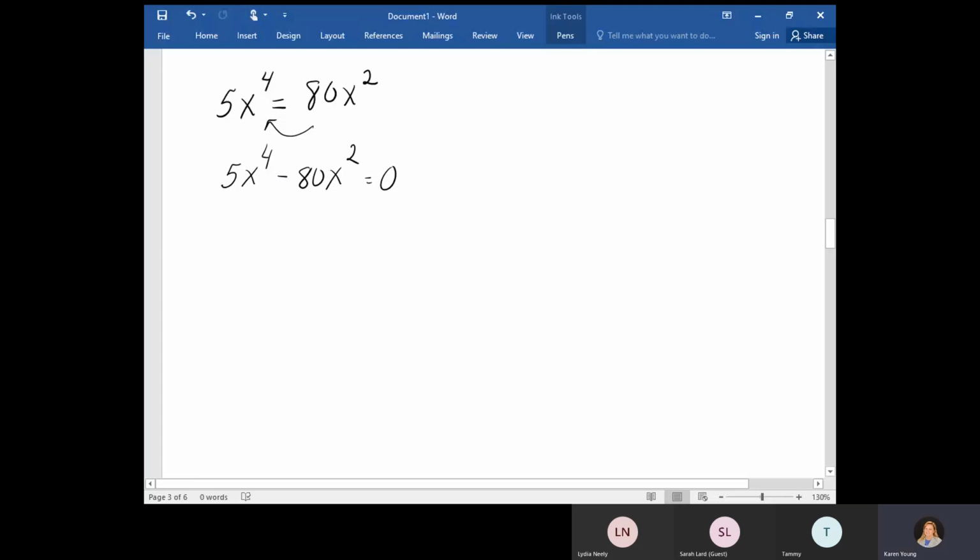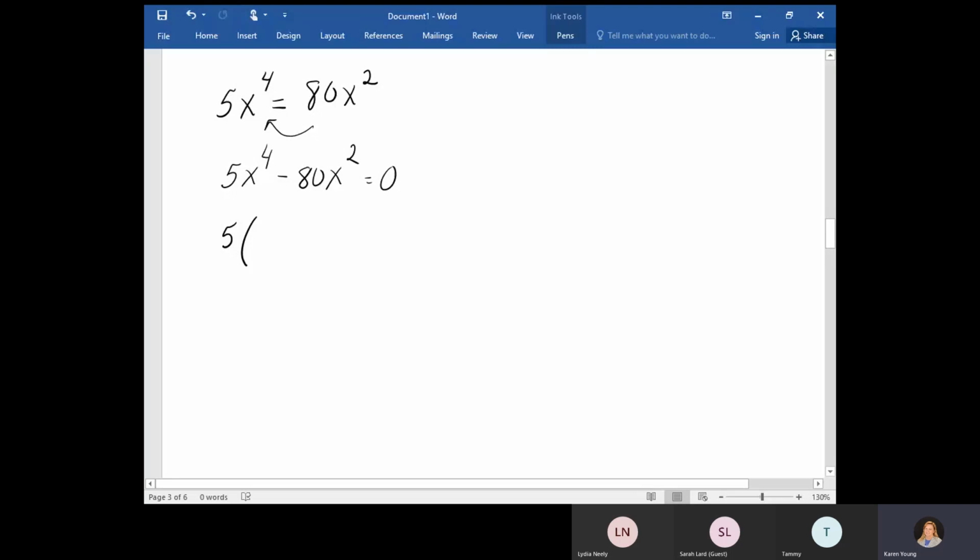And then I'm going to factor, find my greatest common factor. So what number goes into 5 and 80? 5. And when you're factoring, it's always your lowest power, my smallest exponent.